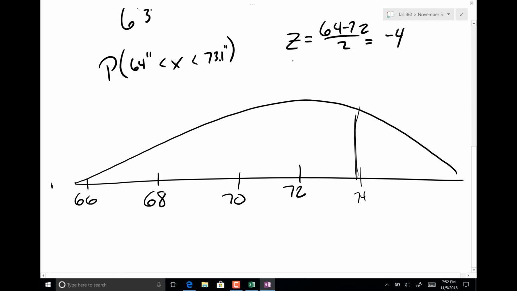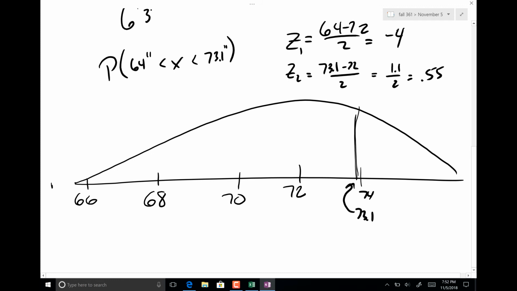And on the other end, for your Z2, you will see that it is 74 minus 72 over 2. Oh, it's supposed to be 73.1. That is 74, but my value is 73.1. So 73.1 is going to give me 1.1 divided by 2. Was that 0.55? I feel like that's right.